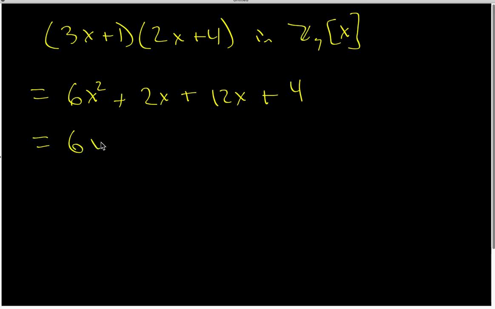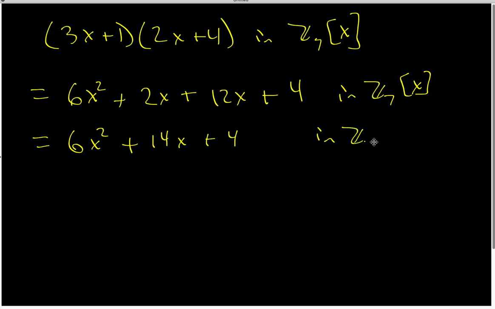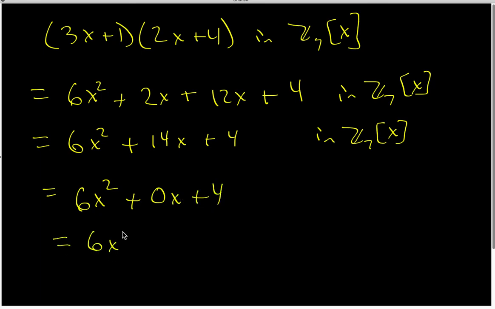So we have 6x squared plus 14x plus 4, but this is in Z7 square bracket x. And in Z7, 14 is the same as 0. So this is 6x squared plus 0x plus 4. So the final answer would be 6x squared plus 4 inside the polynomial ring over Z7.